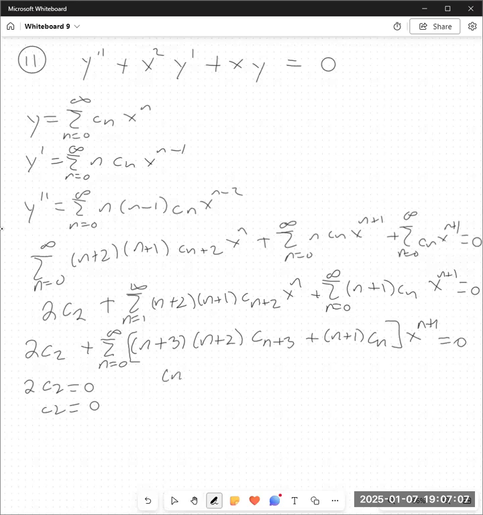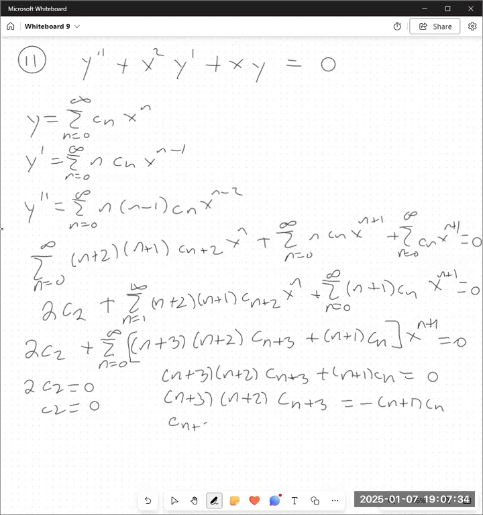And n plus 3, n plus 2, c sub n plus 3 plus n plus 1, c sub n is equal to 0. Solving for c sub n plus 3, we get c sub n plus 3 equals negative n plus 1 over n plus 2 times n plus 3, c sub n.